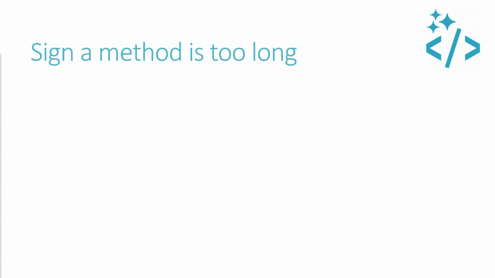Talking about method length, there are some indicators which tell us that a method is too long. For example, we have too many white spaces and comments which are not relevant. So you should have a very good reason to add comments.